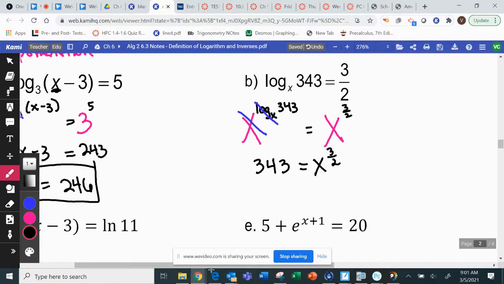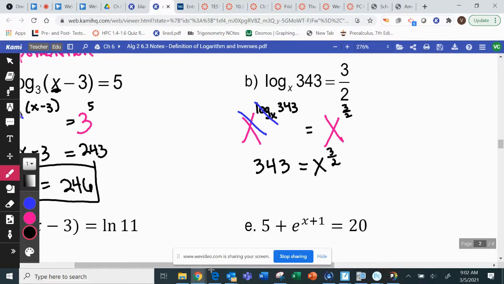What I have here is a question that we were doing in chapter 5. We want this to say x to the first. Right now it says x to the 3 halves. Does anybody remember from chapter 5 what I can do to both sides so that it says to the first power?